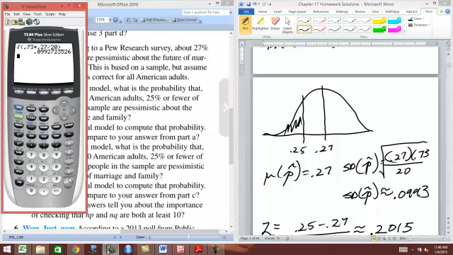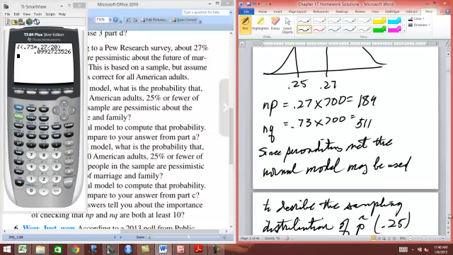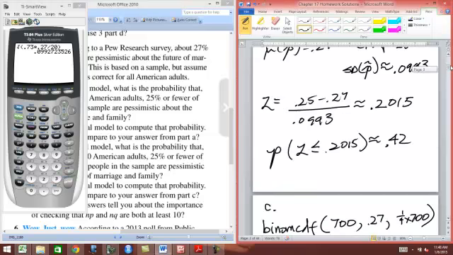So now you can see that the numerator for the z-score is going to be 0.25 minus 0.27, so that's going to be negative 0.02.